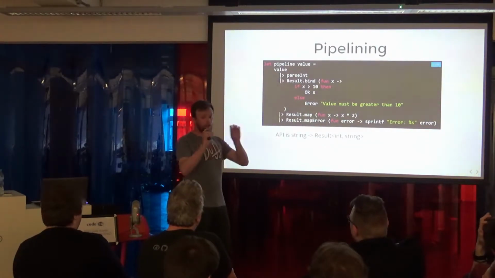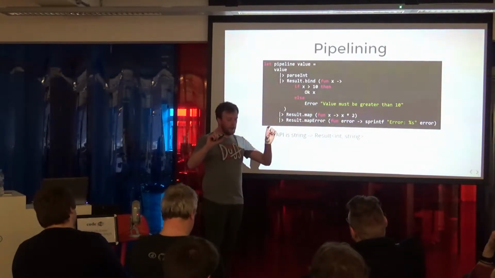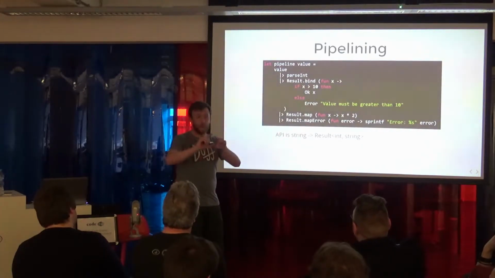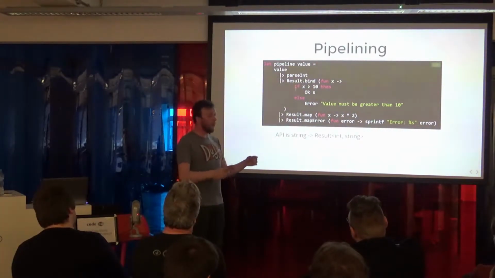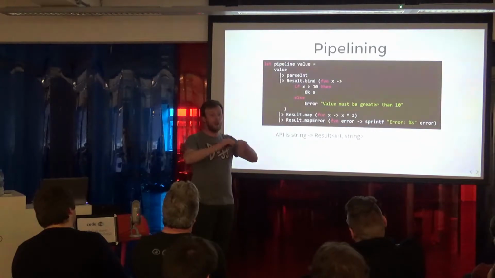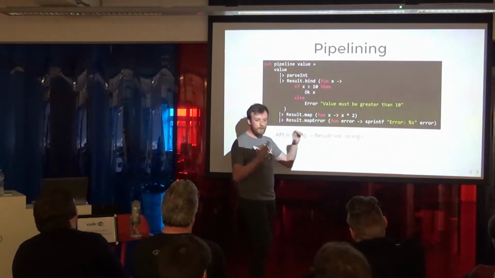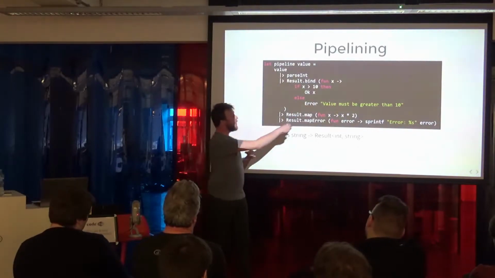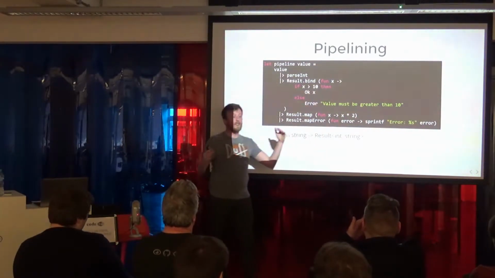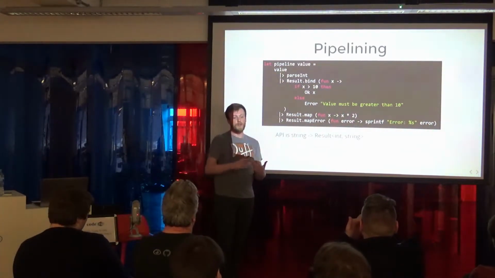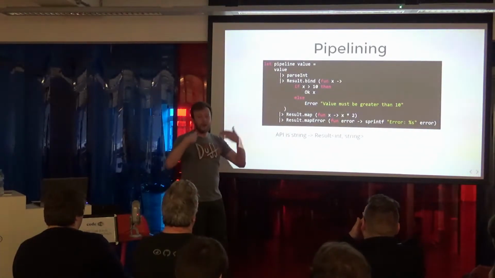So map is about if you always write pieces of code that deal with your business logic or your domain, and that will just be straight operations. And think of map as the way of exiting the world of results and allowing you to do whatever you want to do inside of there, and then coming back out so you can continue that pipeline.